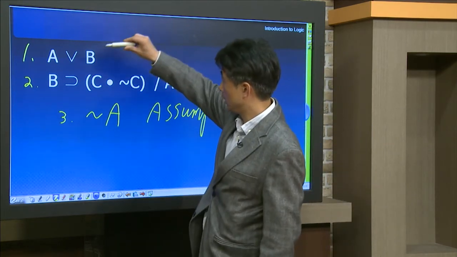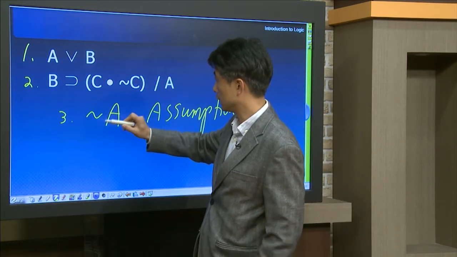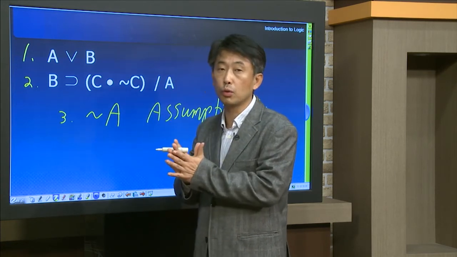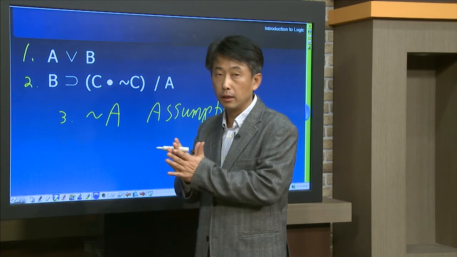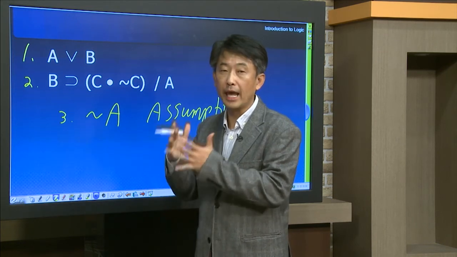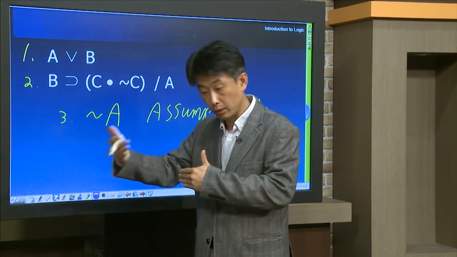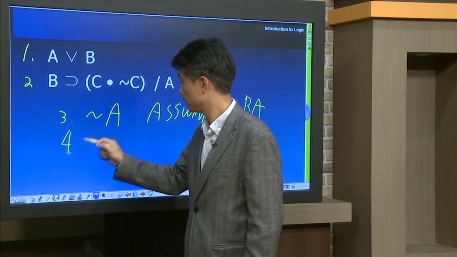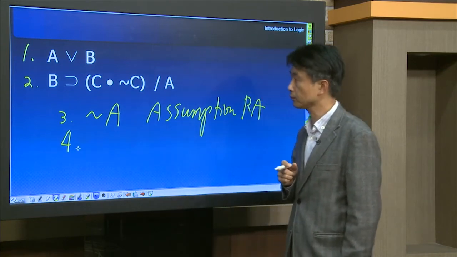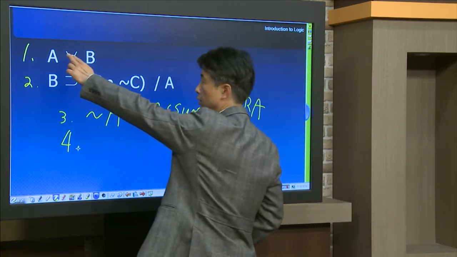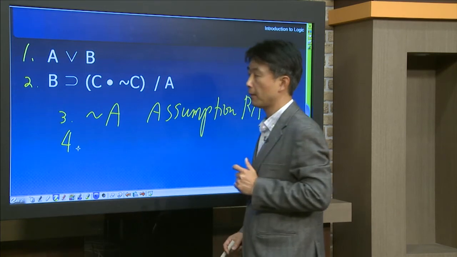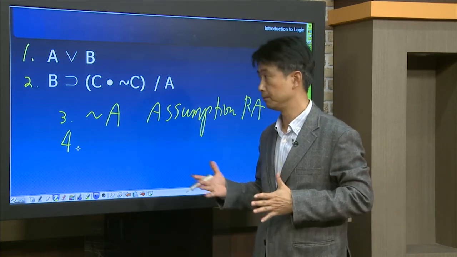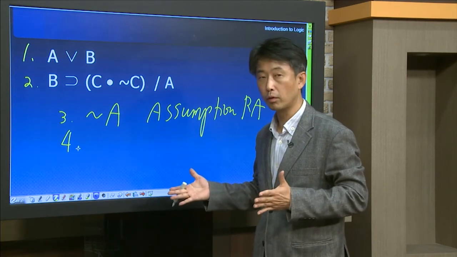Now once I have assumed the negation of the conclusion, all I need to do is to derive a contradiction. Okay? I will eventually get to a contradiction. But what's the next step? I look at these 3 steps and think about whether any rule can be applied to any one of them or any pair of them.